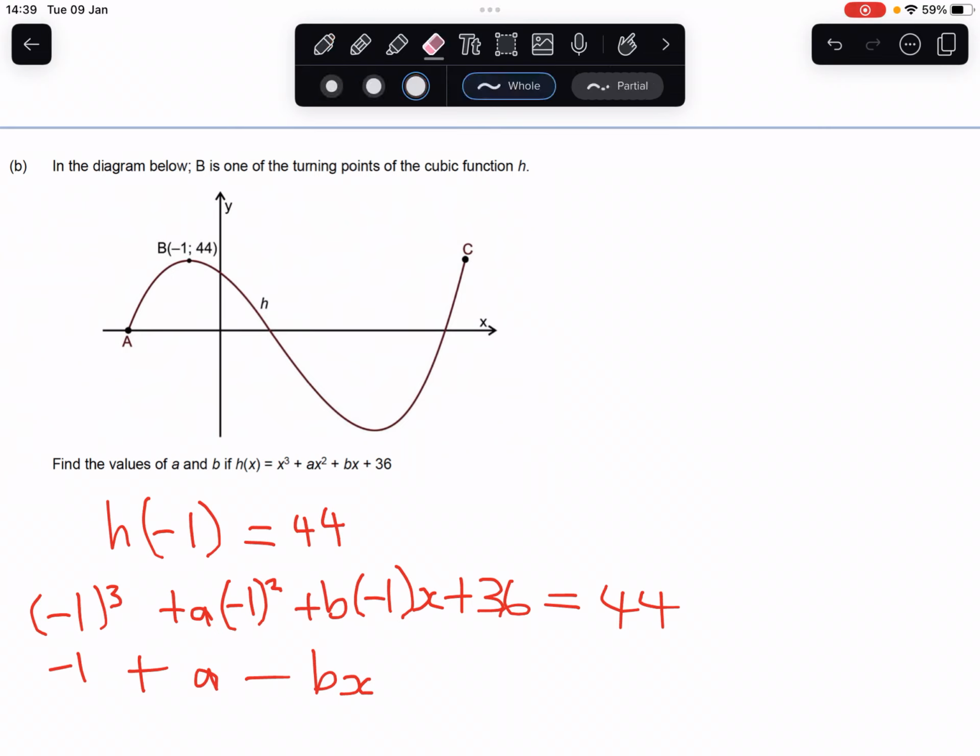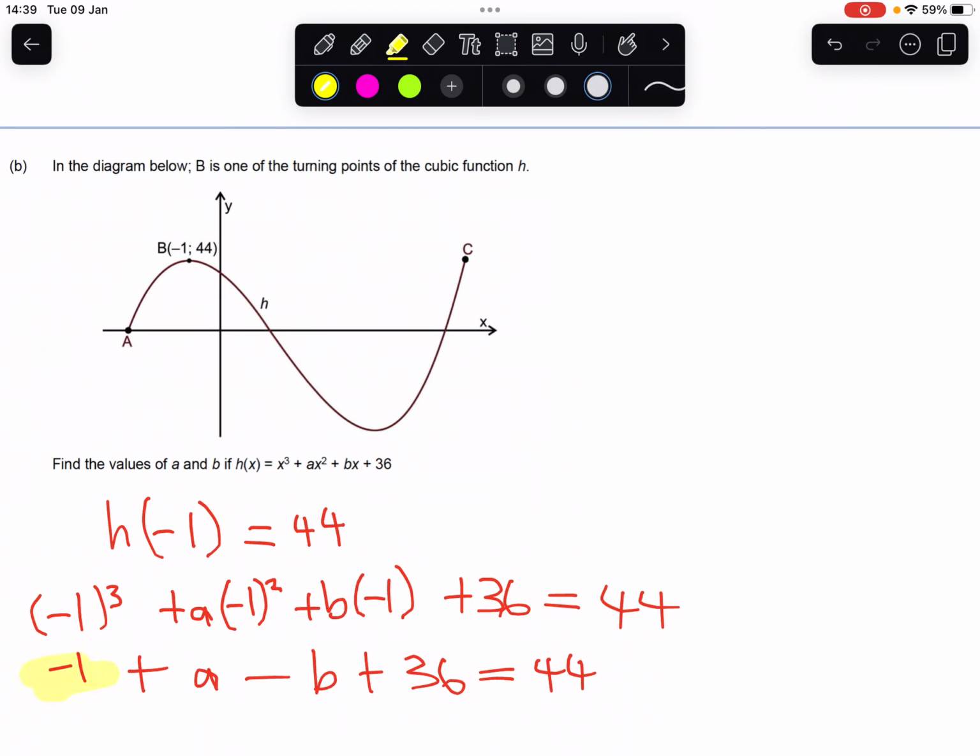Why is there an x? We're replacing all the x's with -1. Sorry, my bad. There shouldn't be an x because the x in that term has been replaced by -1. Plus 36 is equal to 44.